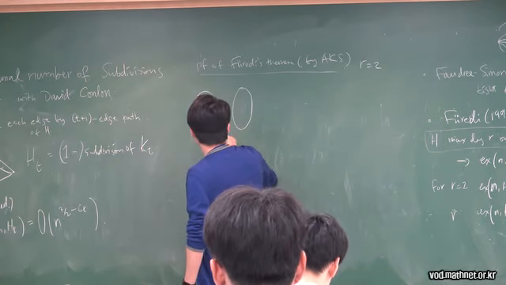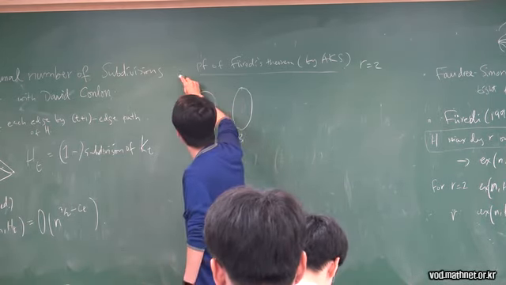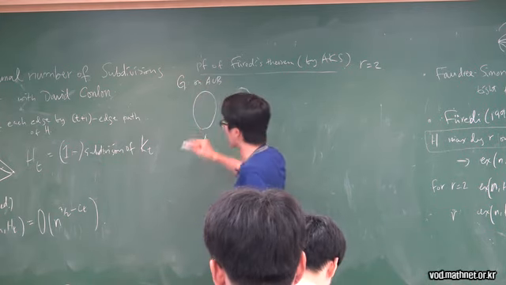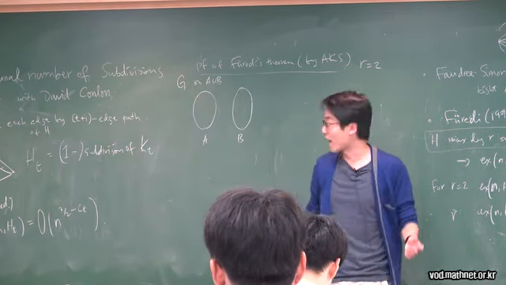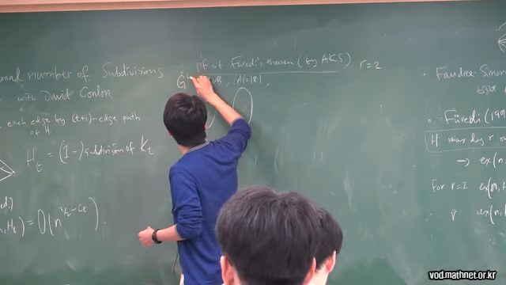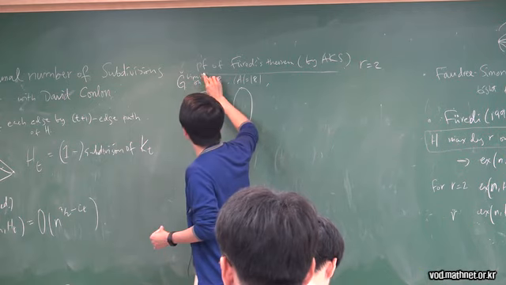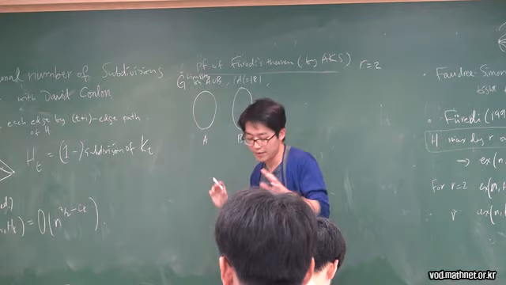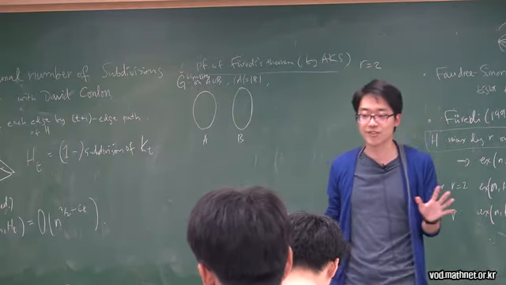Given a bipartition A, B, my graph G is a bipartite graph on A union B, and we may assume that A and B are of approximately the same size. There are some technical tools to prove this statement, but let's just cheat.